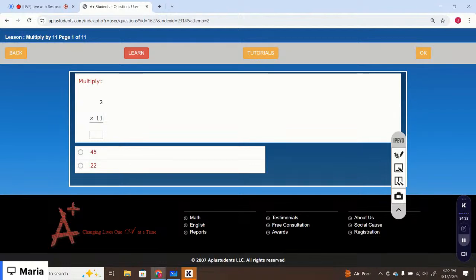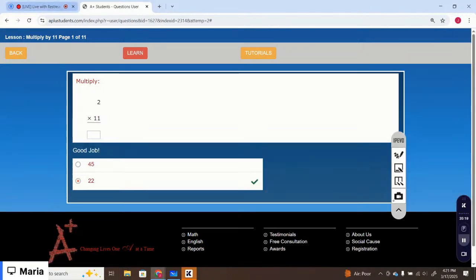So 2 times 11 equals 22. Option number 2 is the correct option.